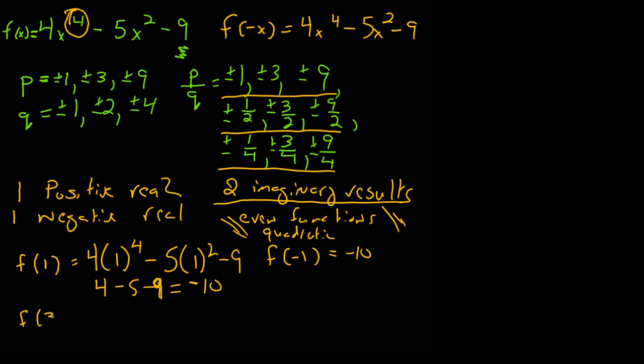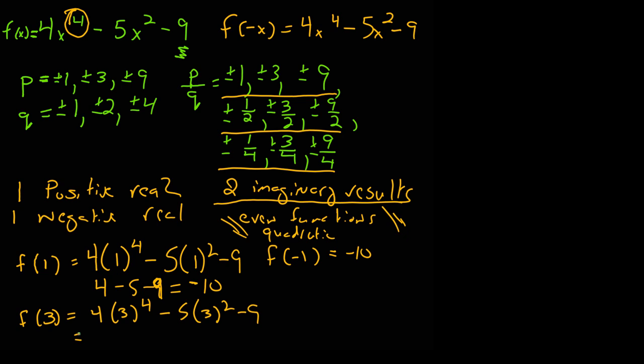All right, so let's put in 3. So 4 times 3 to the 4th minus 5 times 3 squared minus 9. And I'll grab my calculator over here, because this is not as easy to do in my head as the number 1 is. That's why I like checking my 1s first. Minus 5, 3 squared.